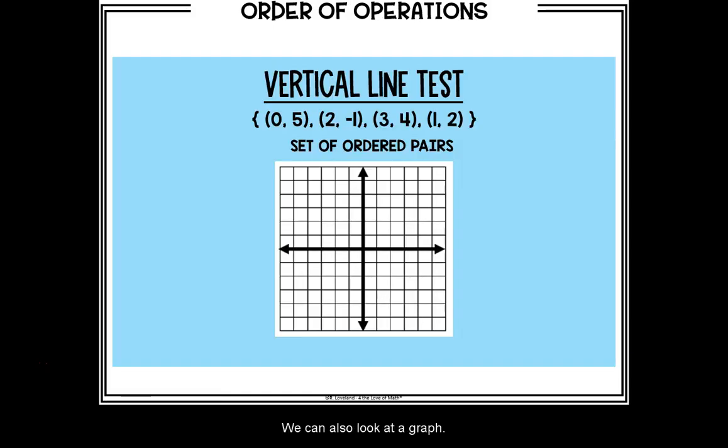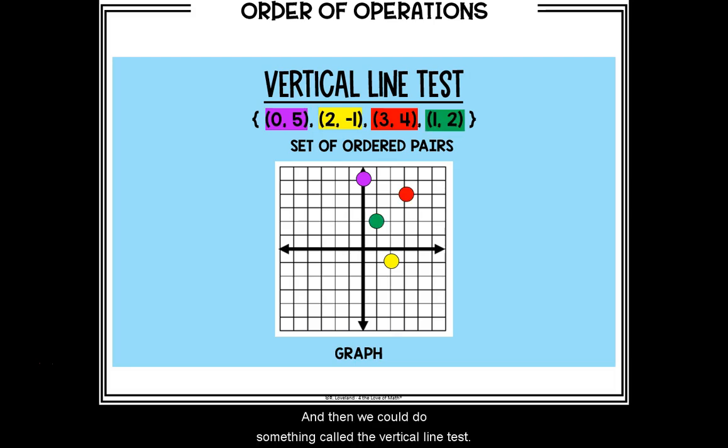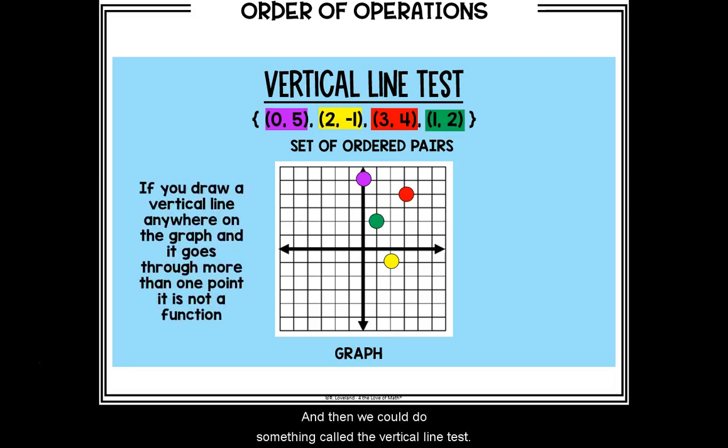We can also look at a graph. We can take those ordered pairs and put them on a graph. And then we could do something called the vertical line test. The vertical line test tells us if you draw a vertical line anywhere on the graph and it goes through more than one point, it is not a function. If it only goes through one point, it is a function.